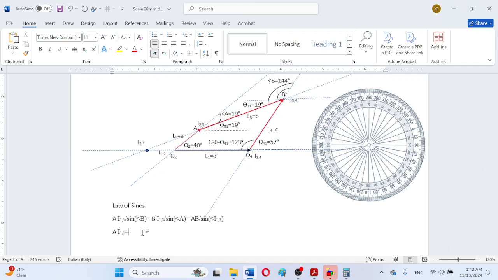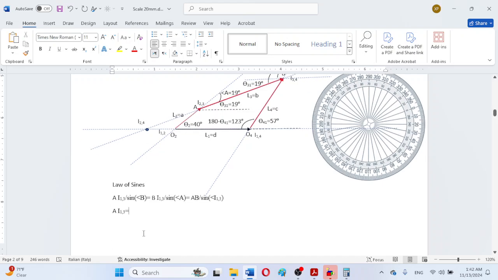The values which I have calculated: A I1,3 is 242.66 millimeter approximately. So you can verify them. If you find any mistake, let me know.